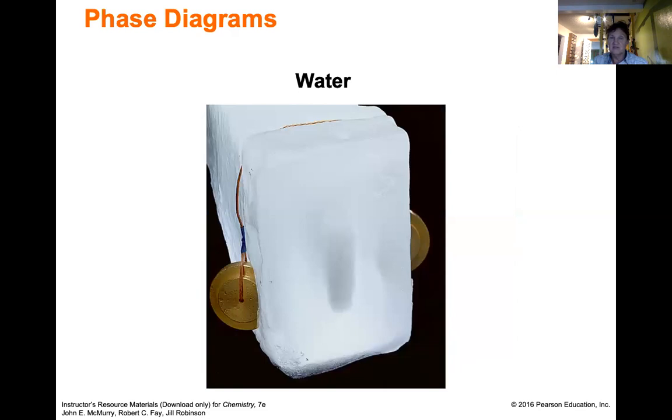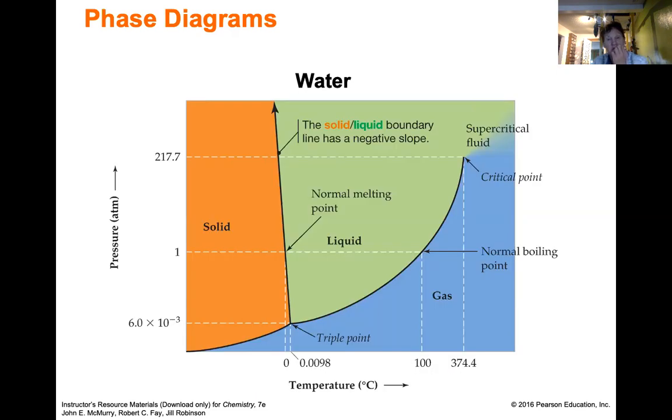So that's what this is showing you. You're increasing the pressure by having these two weights on a wire. And so the wire is starting to melt through that ice because at a higher pressure, the solid goes into a liquid.